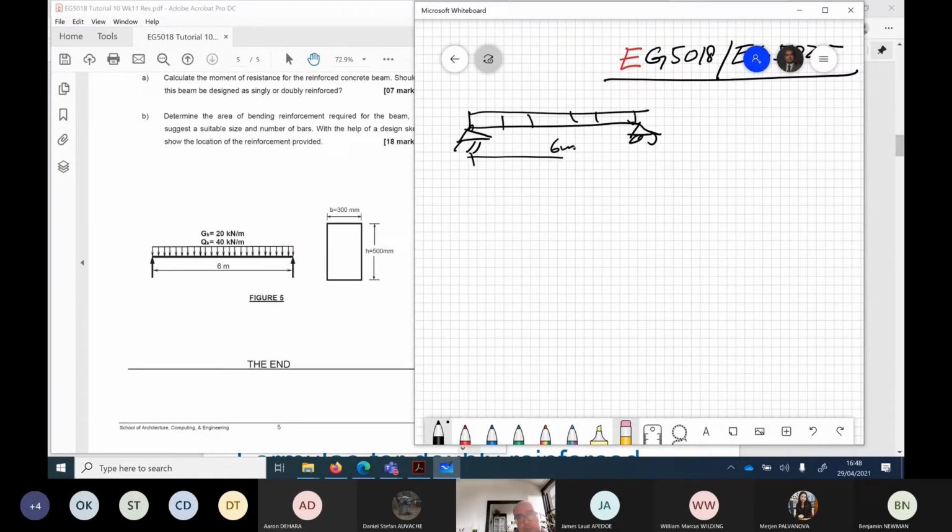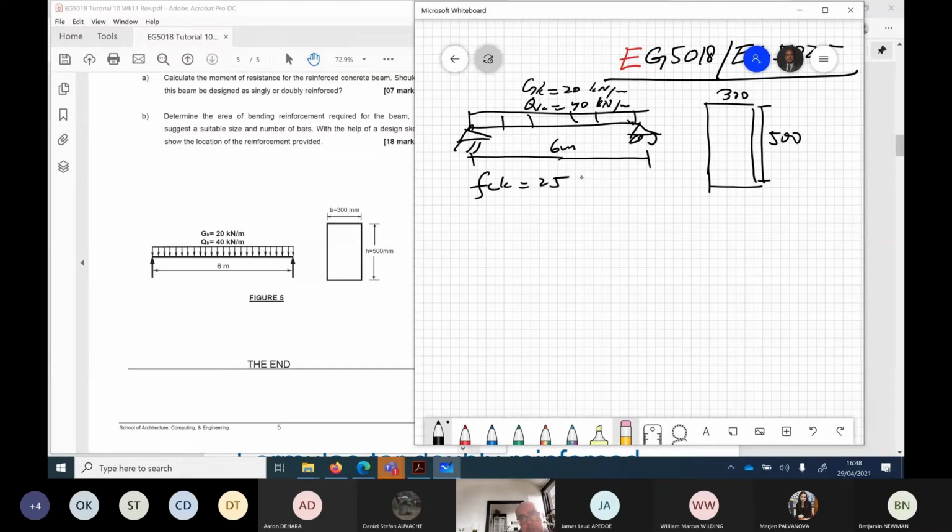So we have 6 meter, GK equal to 20, QK equal to 40 kilonewton meter, and the section is 300 by 500, and FCK is 25 Newton per millimeter square, FYK is 500 Newton per millimeter square.